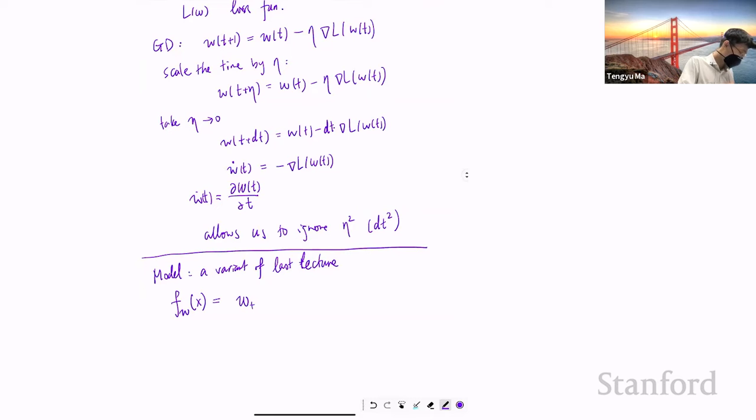You have some vector w plus, and you take w plus to the power O dot 2 minus w minus to the power O dot 2, transpose x, where x O dot 2 just means the entry-wise product. So it's w plus squared minus w minus squared, transpose x, where w plus and w minus are both vectors in R^d, and you can write w as the concatenation of w plus and w minus as the parameter.